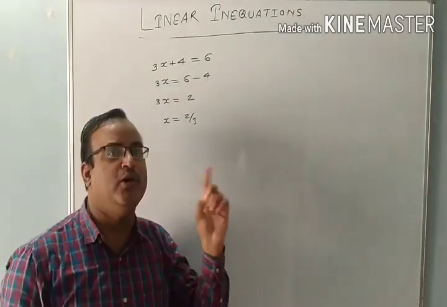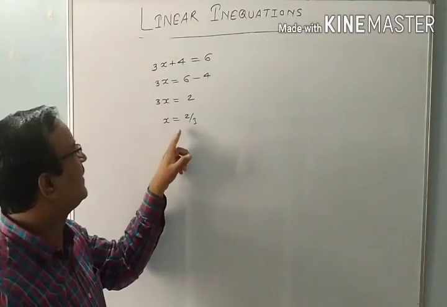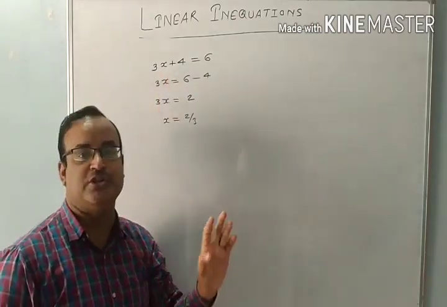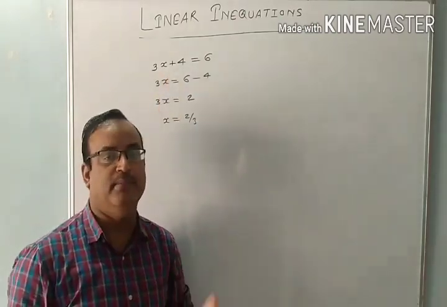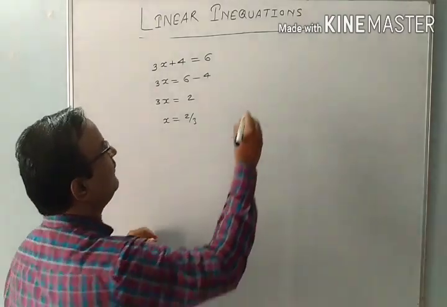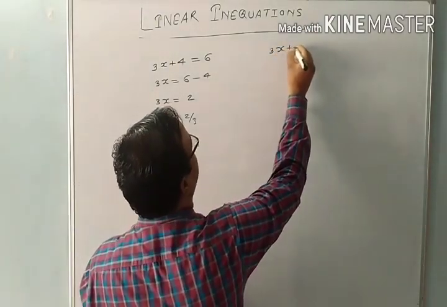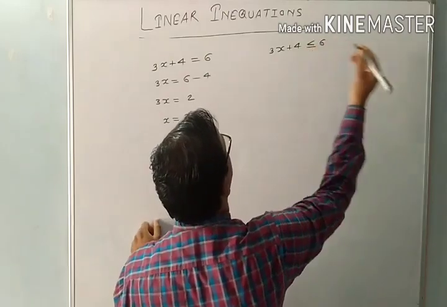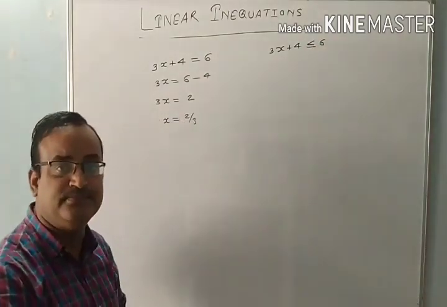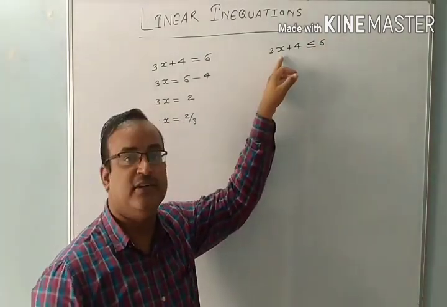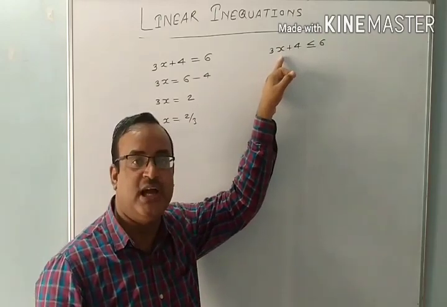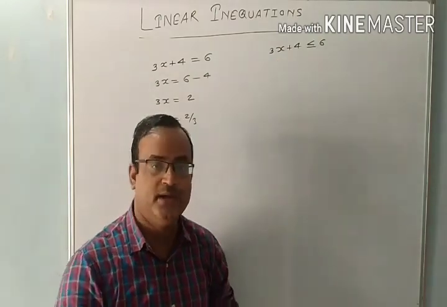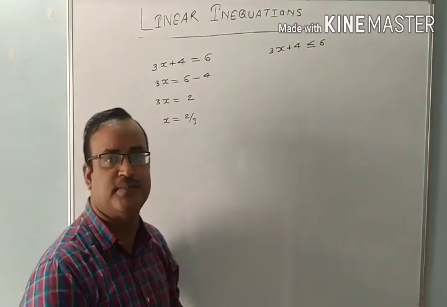That means there is only one value of x which satisfies the given linear equation of one variable. But if 3x plus 4 is less than or equal to 6 is written, then the values of x which satisfy it are not countable. Here we can count, it is only one solution.